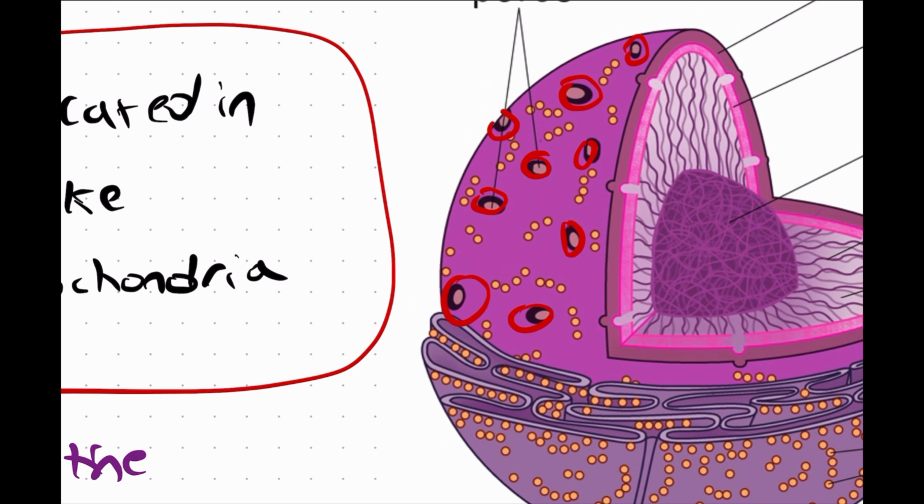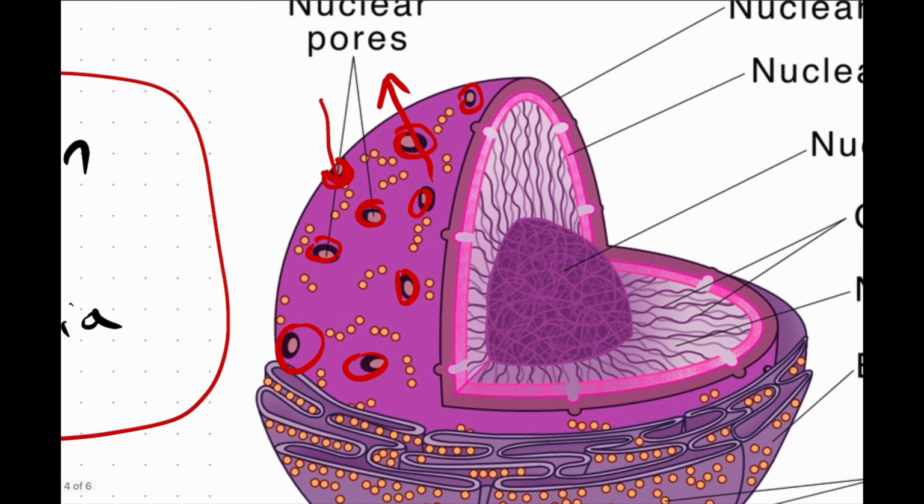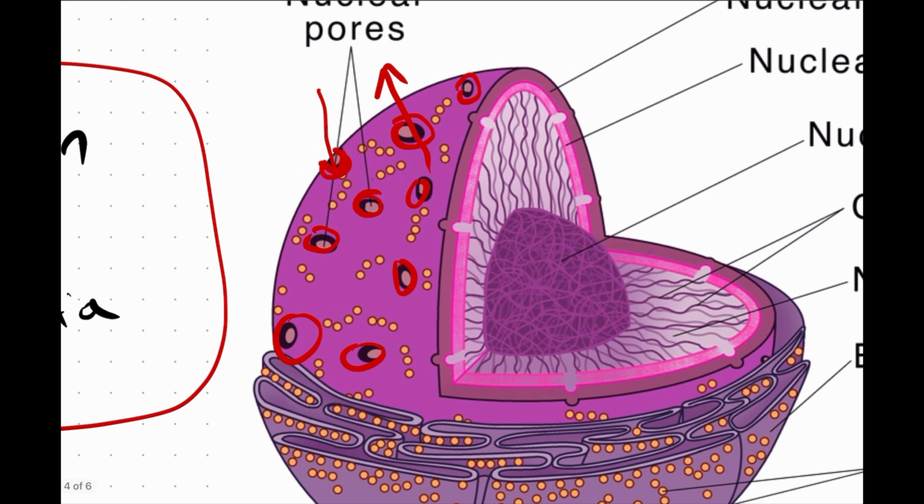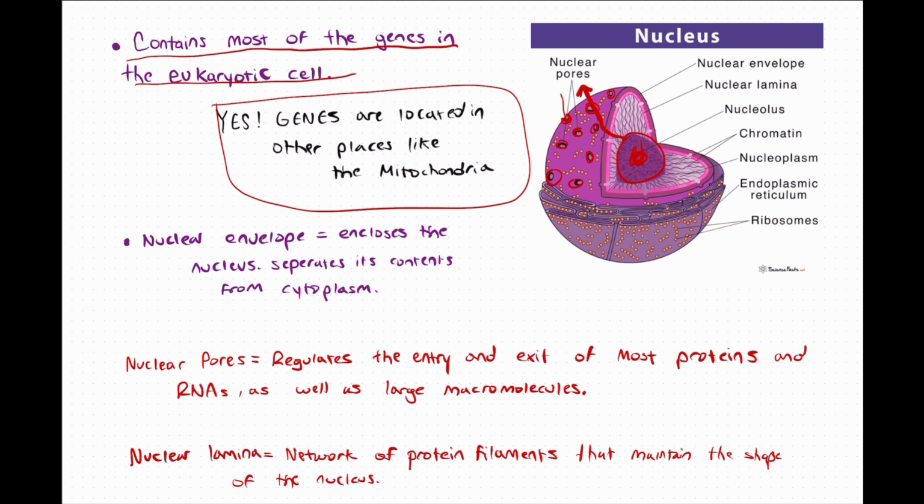So you'll have macromolecules, proteins, and RNA entering and even exiting these holes, because sometimes the nucleus needs these molecules to be able to do whatever it has to do in the center, which we'll get to in a moment. Or when something has been made here, it needs to exit out. So that's what the nuclear pore is. It regulates what comes in and goes out of the nucleus.